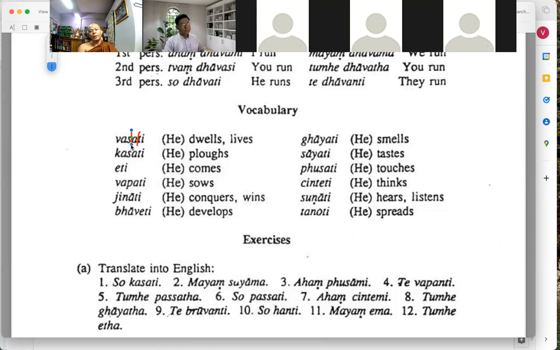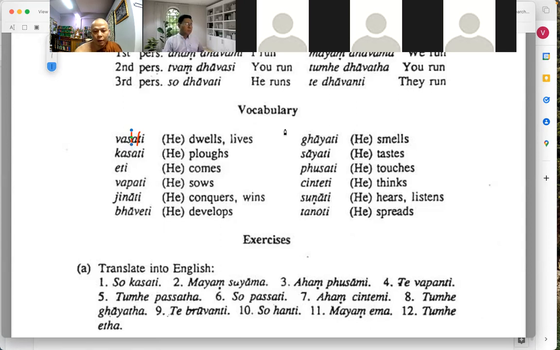So wasadi, wasandi, and wasasi for the second person. Wasata, wasata, and then wasami, wasama. We can form every person in this way: past person, second person, third person, singular, plural. So that is why understanding the base is very important in Pali.